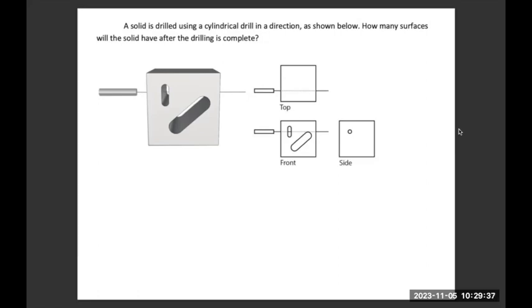Please note that the drill is just a circle versus the cutouts given in the solid, which are going through and through. Drumil, Kavya, Riya, wrong answer.